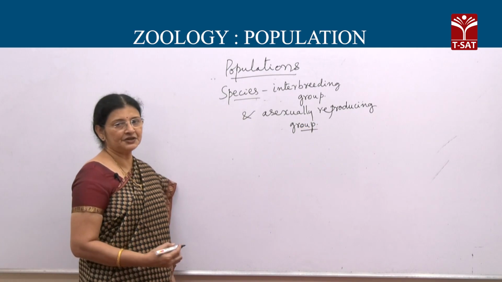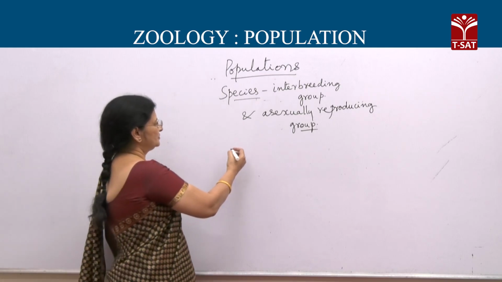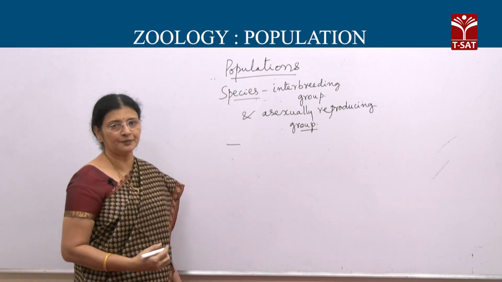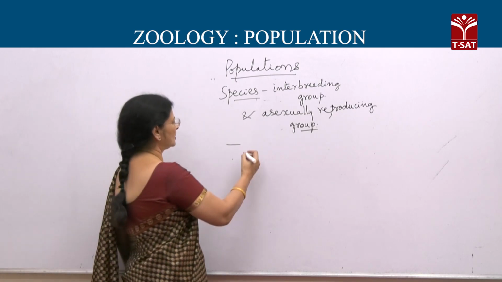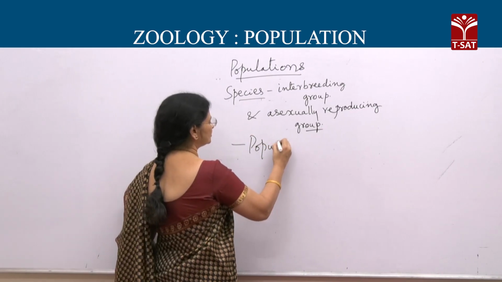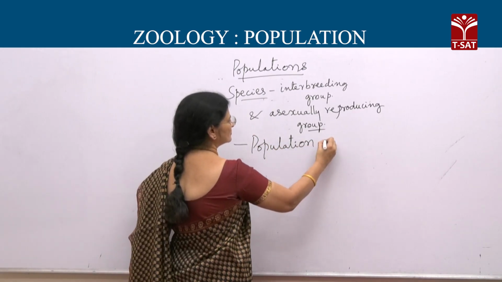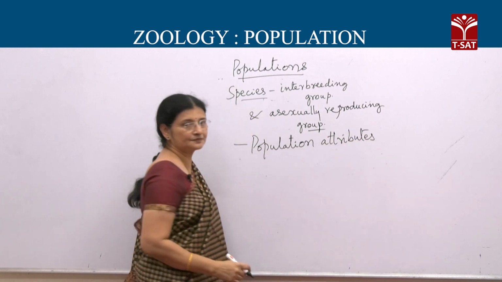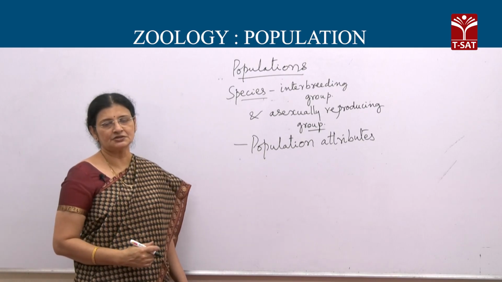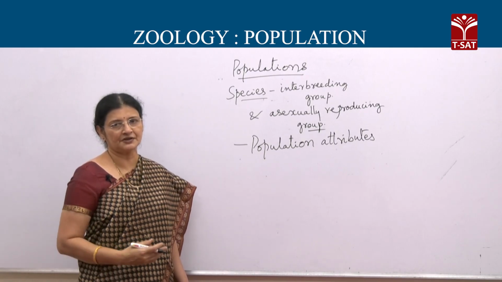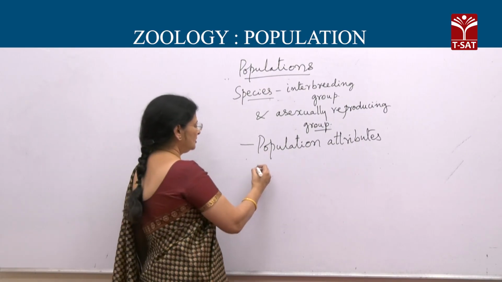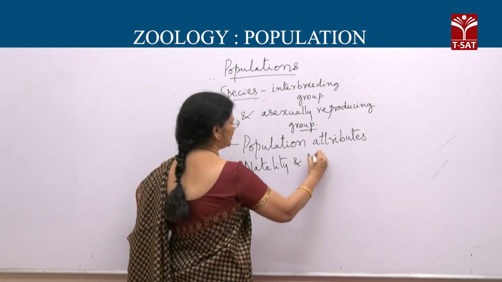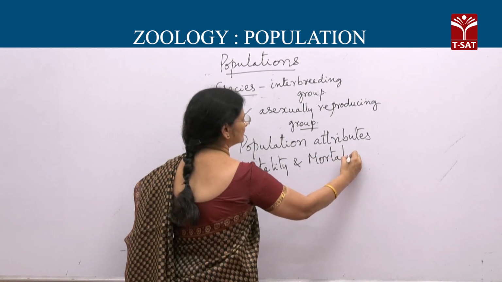When we are discussing populations, we generally find some features, or characters, of populations. They are called population attributes. These are mainly natality and mortality.